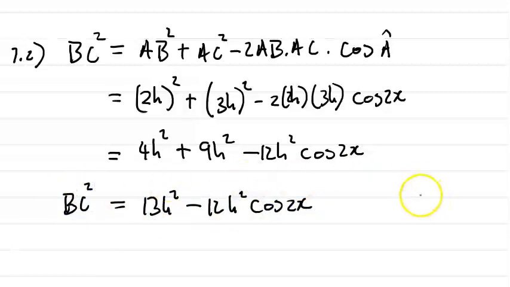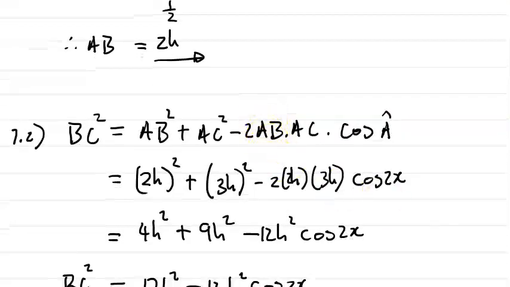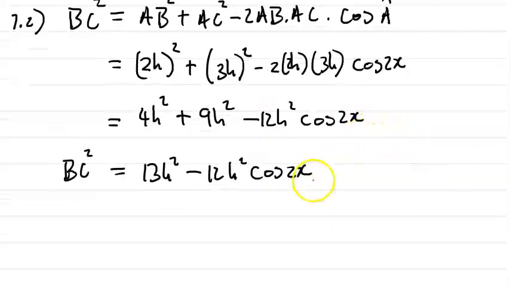So BC squared. Now comes the point where I need to look at what expansion am I going to use for cos 2x. So let's go look at the question. It says here that cos squared x. So therefore I need to look for an expansion with cos squared.